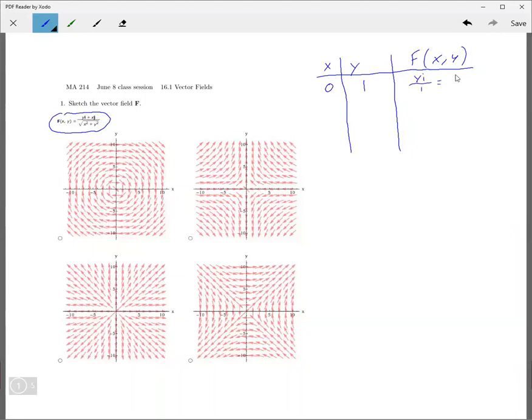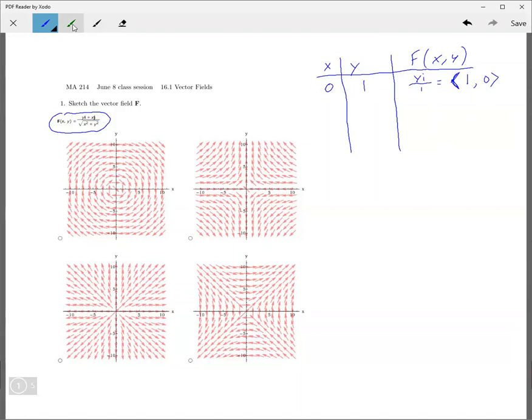So that would be the vector, it's supposed to be a vector here. So that would be the vector 1, 0, right? Because i is the x component. Okay, so now what does that mean?